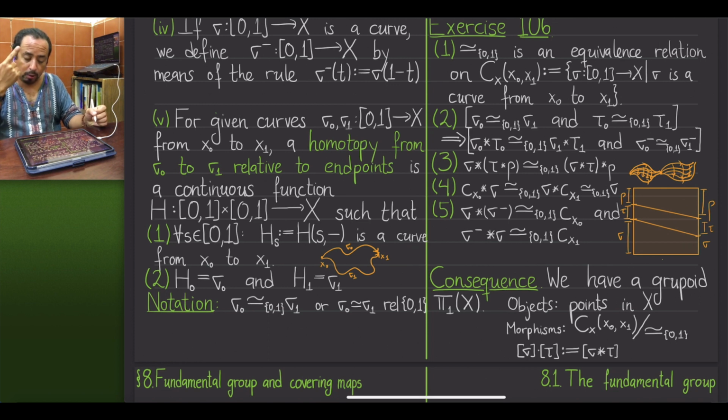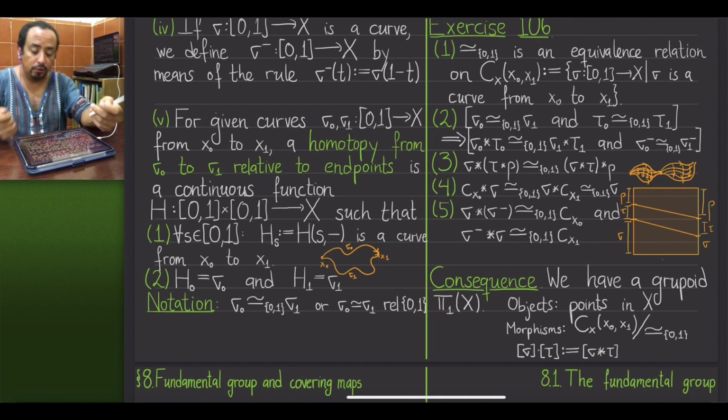But there is one subtlety that makes it not so easy to understand, and it is that, for instance, when X is path connected, between any 2 points, there is not a canonical choice of curve between them.